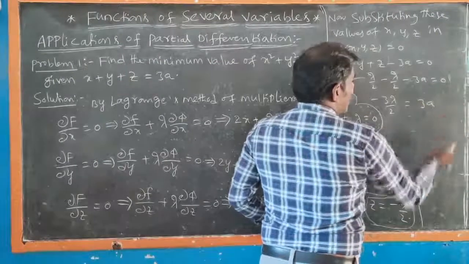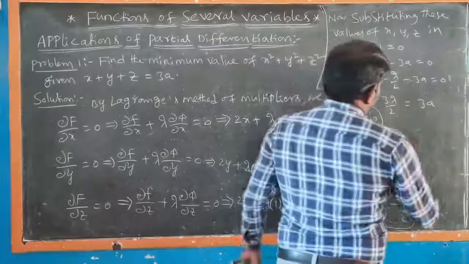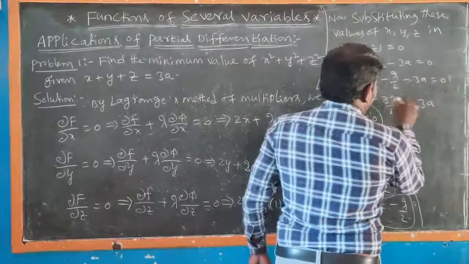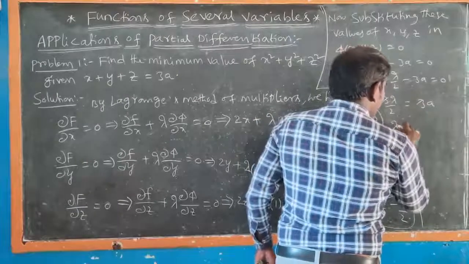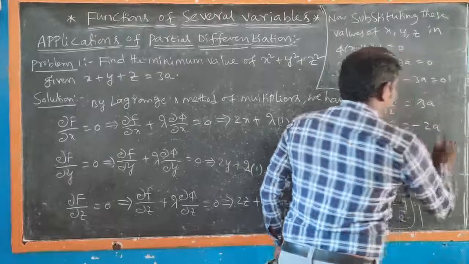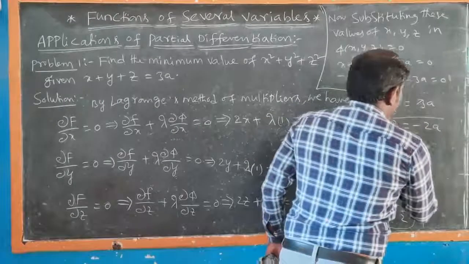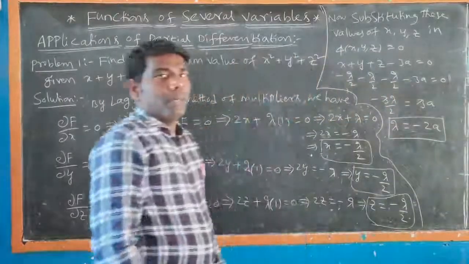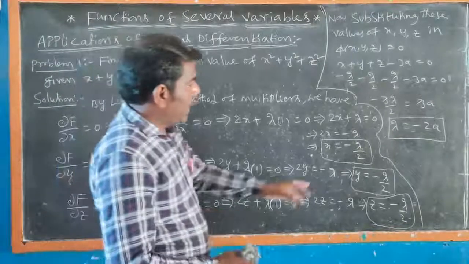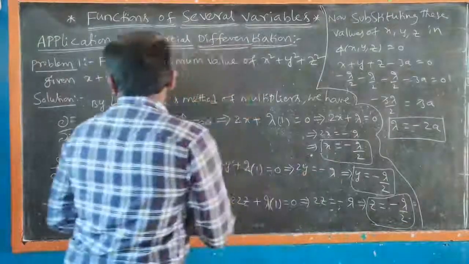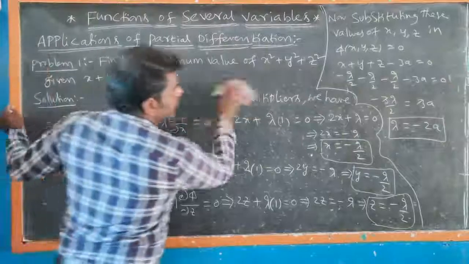The 3 cancel. Then lambda is equal to minus 2a. So lambda is equal to minus 2a.